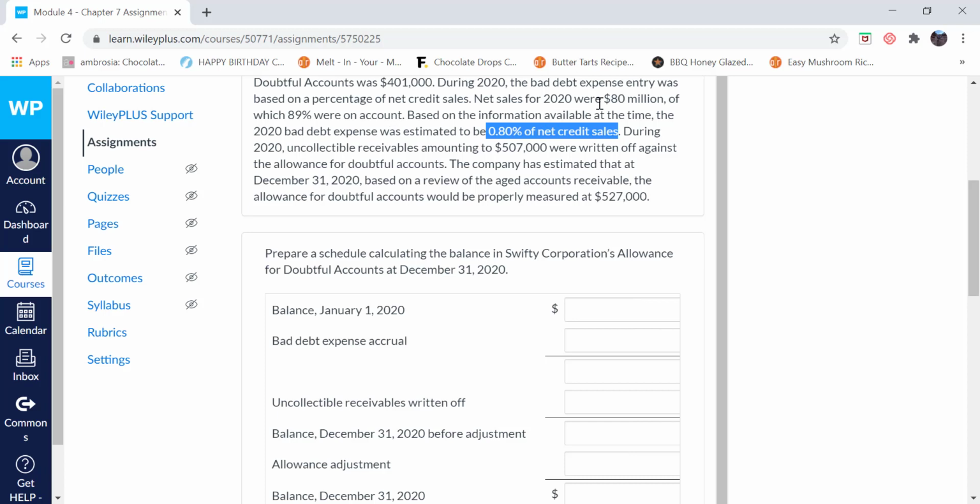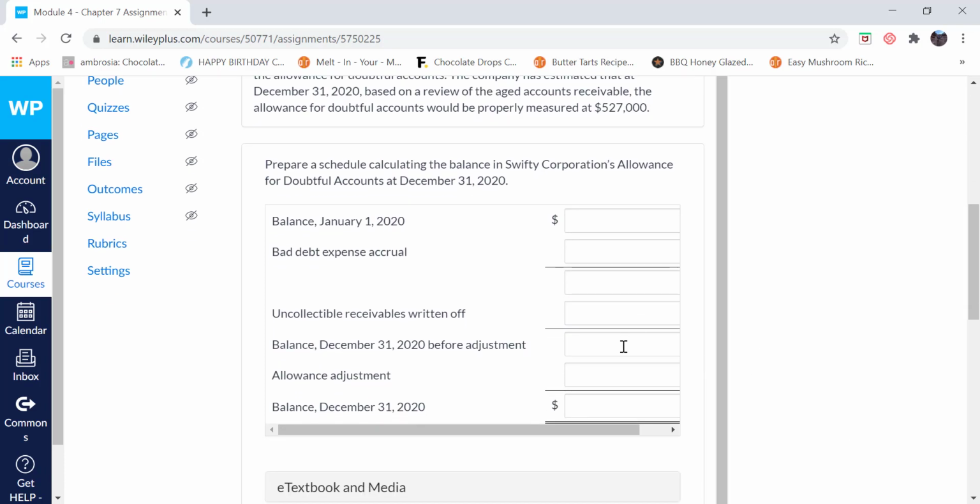So in this example, it's going to be 80 million of sales times 89% that were on account. That gives me my credit sales, and then I'll take the 0.08% and that'll add to my allowance. Gives me an interim total. I'm going to subtract from that everything I've written off, which number you're given. That's going to give me a balance before adjustment.